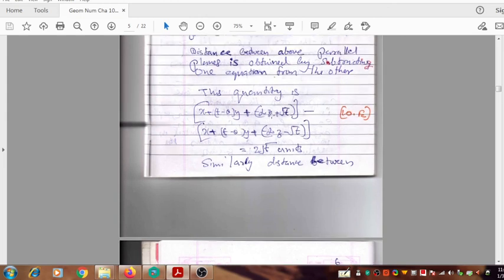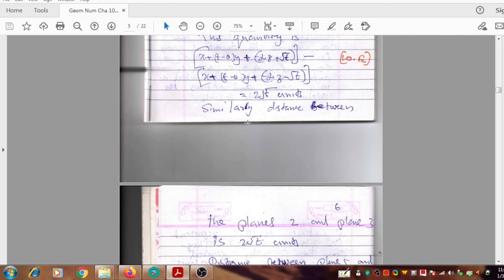By subtracting the equation of one parallel plane from the other, we obtain 2 times root t. In some cases you will get a negative sign, but we are talking about distance, so the sign doesn't matter. You can take the modulus of that quantity, so it is 2 times root t units.